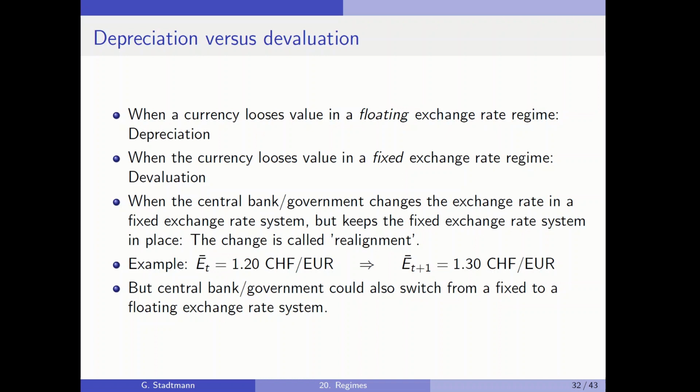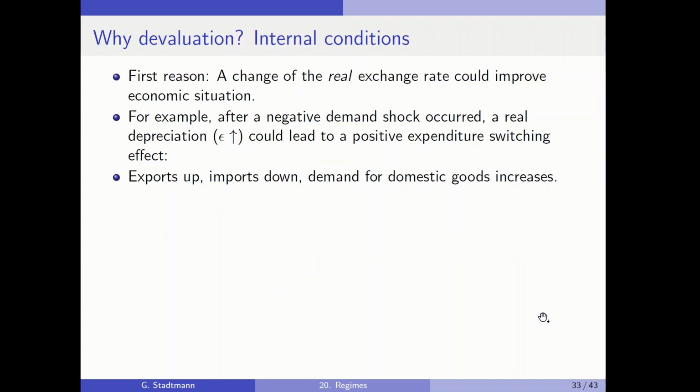So why could it be necessary that a devaluation has to occur? One reason could be that the internal conditions within the economy demand a change of the real exchange rate. So the first reason is a change of the real exchange rate could improve the economic situation of the economy we are looking at.